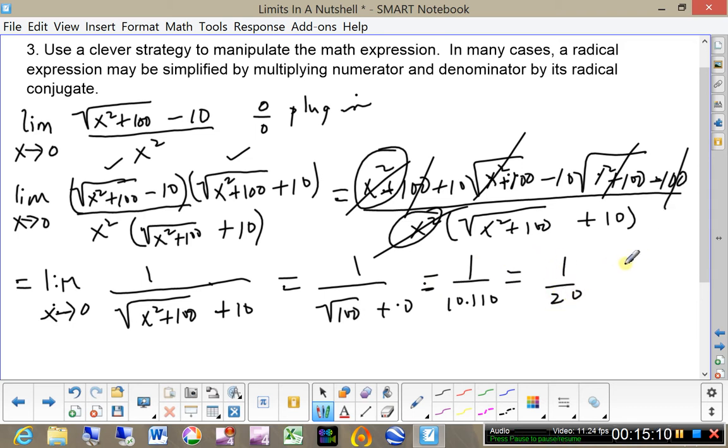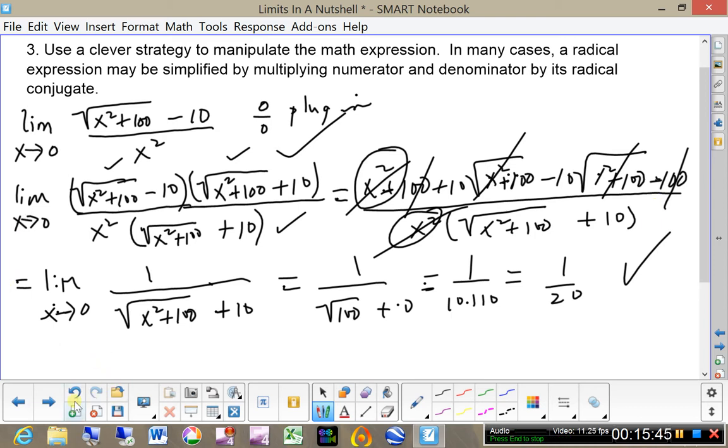So now by doing a clever manipulation, multiplying the numerator and the denominator by what I call a radical conjugate, in this case of the numerator, we get a cancellation of the problem of dividing by 0, and we now plug in and we get 1/20.